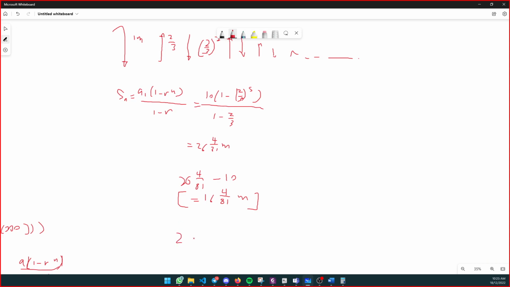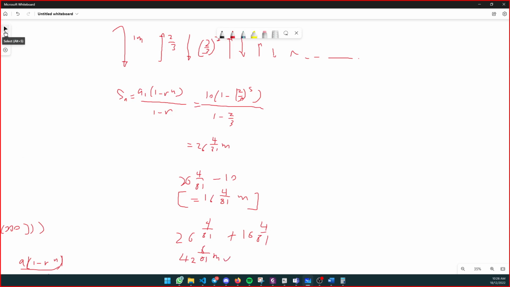So that will be 26 4 over 81, then plus again 16 4 over 81. So we get 42 8 over 81. Yep, so this is the total distance traveled in meters.